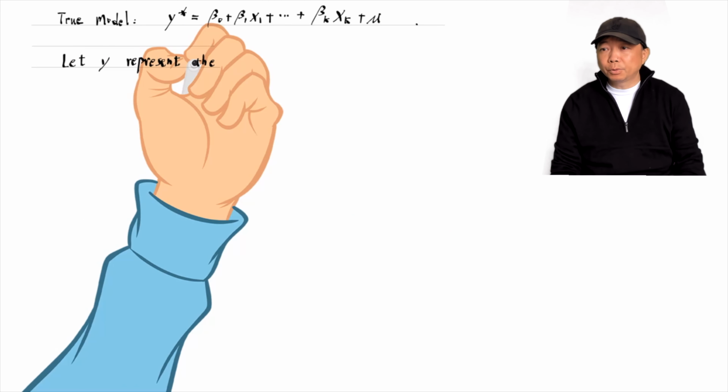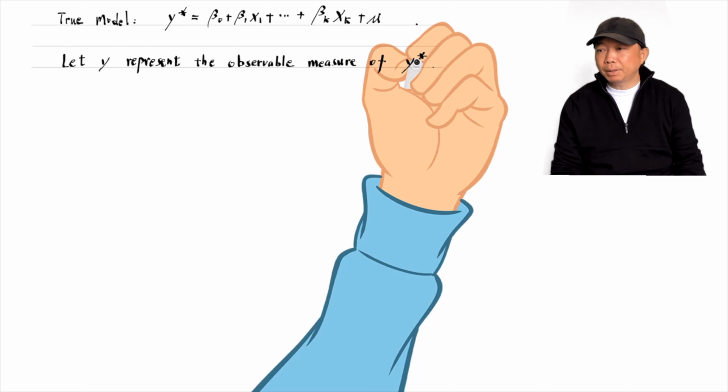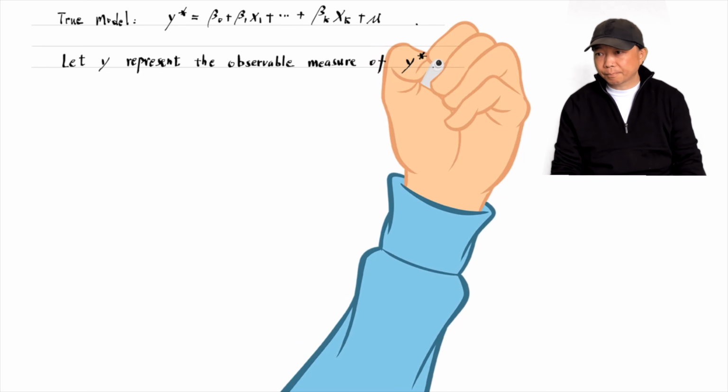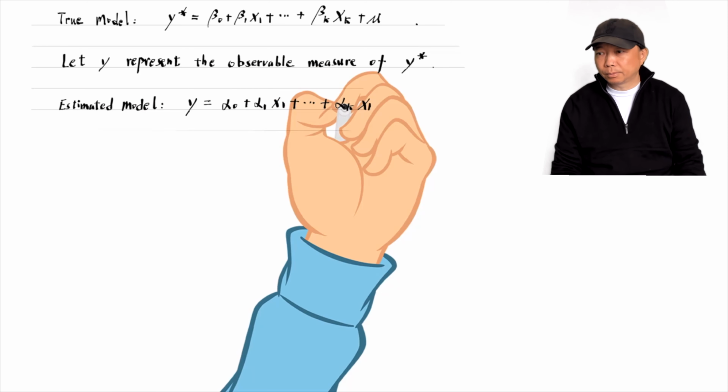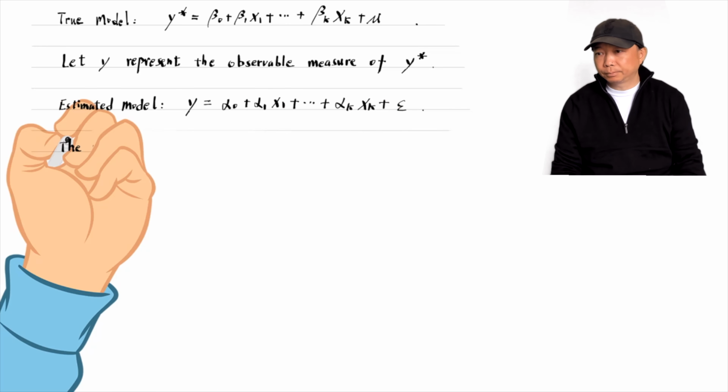Let y represent the observable measure of y star. In our income model, y star refers to the actual annual income, while y is the reported annual income. We anticipate that y and y star will differ due to memory limitations. The measurement error, e0, is the difference between them.